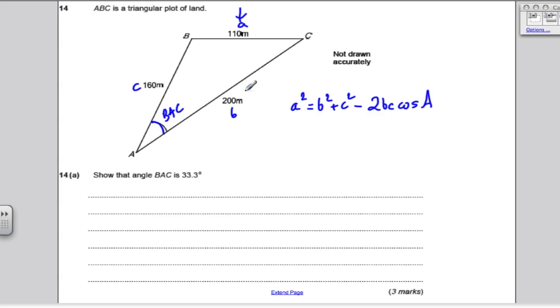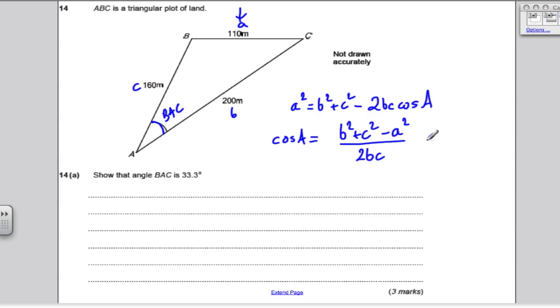Now, we want to show that the angle at A is 33.3, so we want to actually work out cos of A. Rearranging this formula, it's not given in the formula booklet, you need to be able to rearrange this. Cos A must be b squared plus c squared minus a squared all over 2bc.